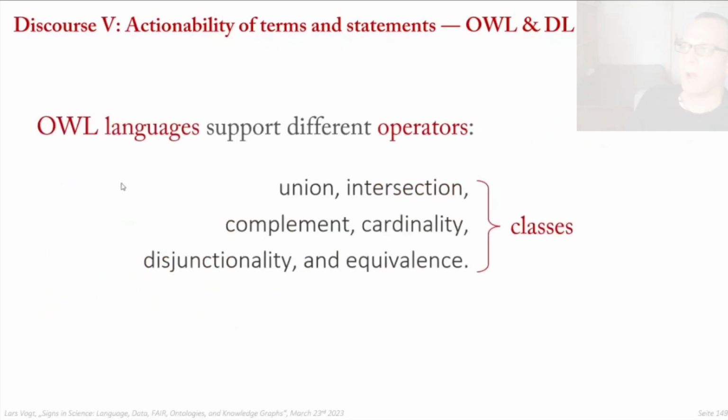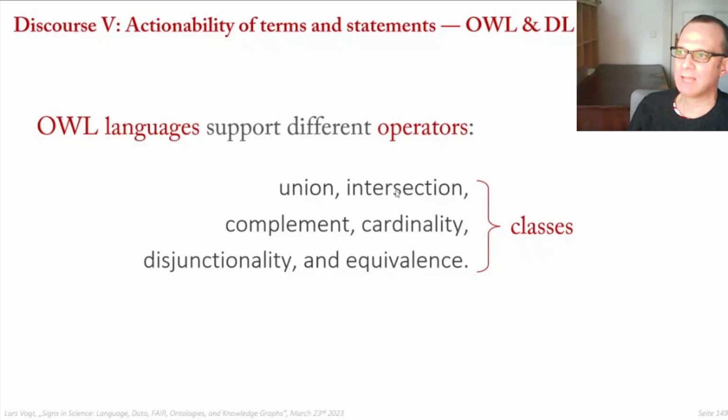And with the OWL language, certain operators are supported that refer to the different types of resources that we distinguish in OWL. So we have the classes, and with the classes you can do the union of classes, the intersection of classes, the complement, which is basically negation, the cardinality, which is when you count things, disjointness, and equivalence. You can make statements where you relate two classes through the union operator or the intersection operator and so on.